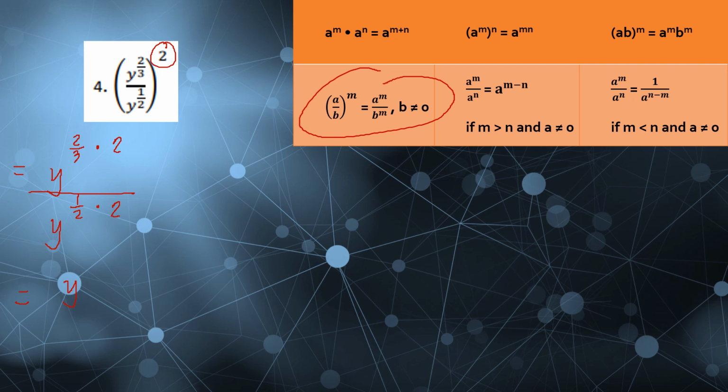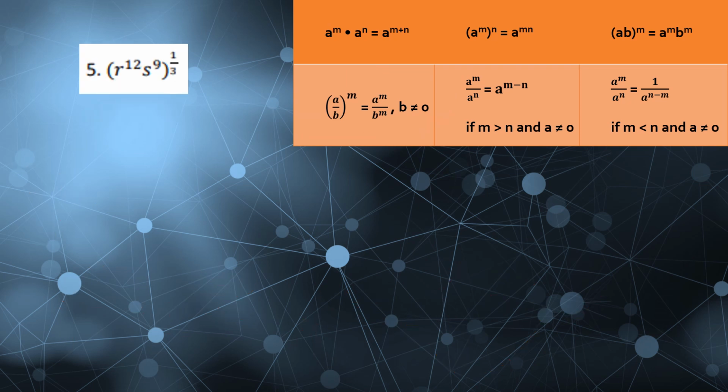So now we have y raised to 2/3 times 2 is 2 times 2, 4, copy the denominator, 3, over y raised to 1/2 times 2 is 2 over 2, or simply 1. So we have y raised to 4/3 minus 1. This is equal to y raised to 4 times 1, 4, minus 1 times 3, 3, over 3. So we have y raised to 1/3.